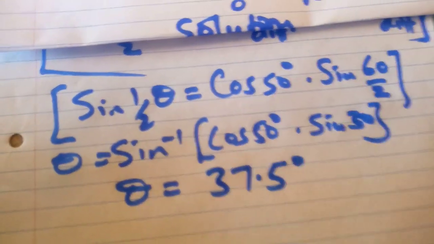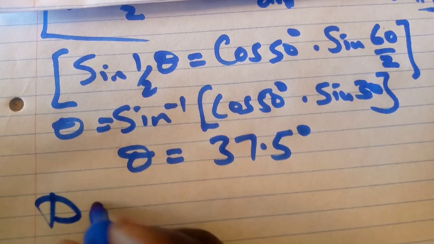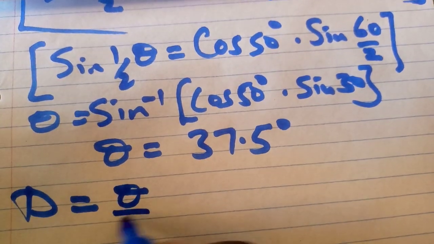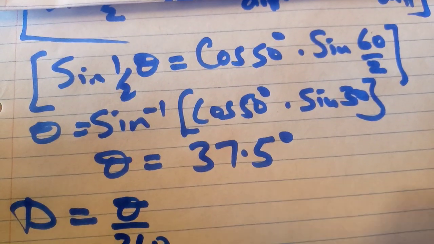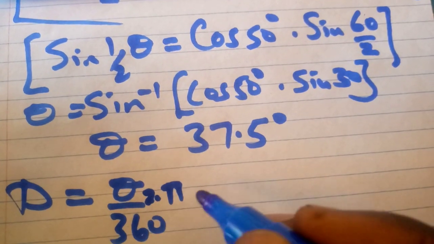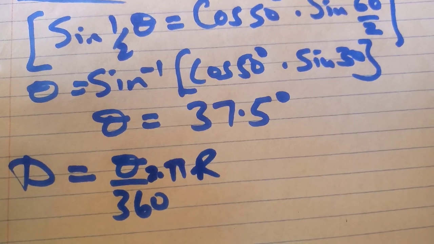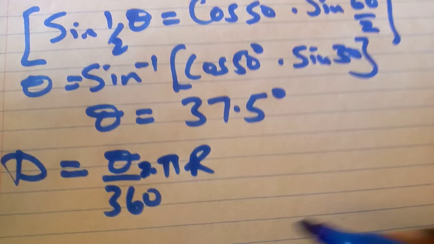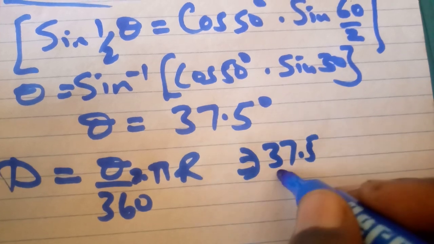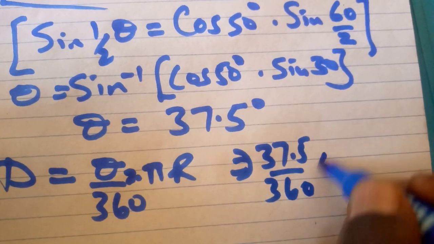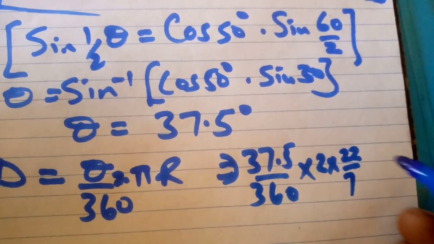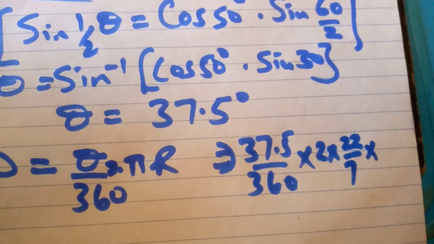So after having that, I will use the formula that distance along the great circle in kilometers is the angle at the center, so the angle between the 2 points, over 360, multiplied by 2 pi, and then multiplied by the radius. So this I'll have 37.5 divided by 360 times 2 times pi, let me take pi as 22/7, times the radius of the earth.